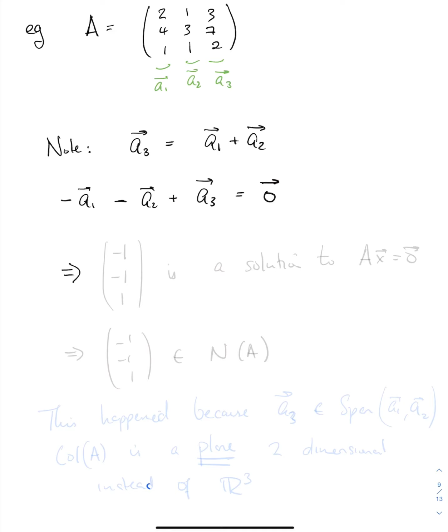This means that (-1, -1, 1) is a solution to Ax equals 0.